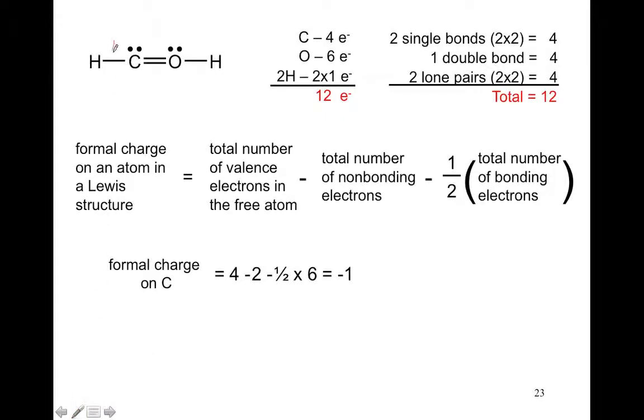When you look at carbon, we'll draw a little squiggly line through here. We're going to say, okay, if that's bonded, then carbon gets 1 electron. That's pretty much his. Here, if that's bonded, carbon gets 2 electrons. That's pretty much his.